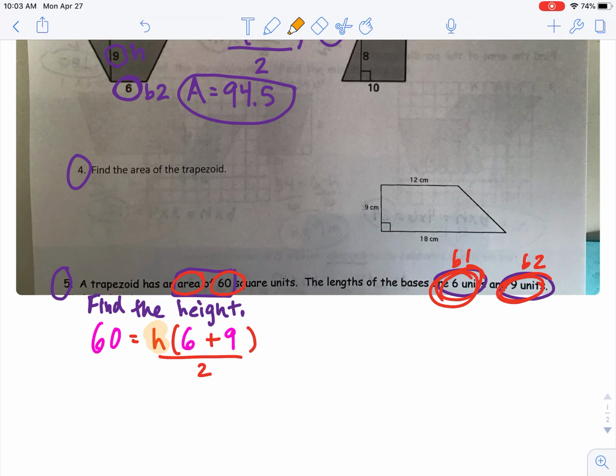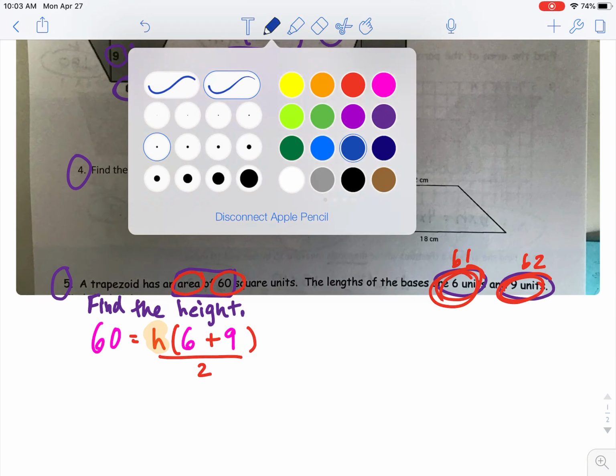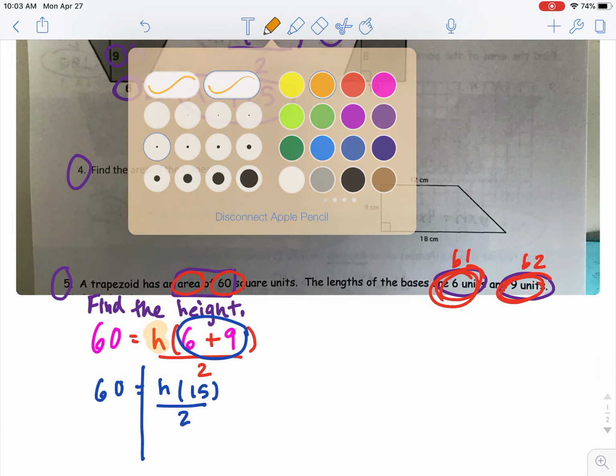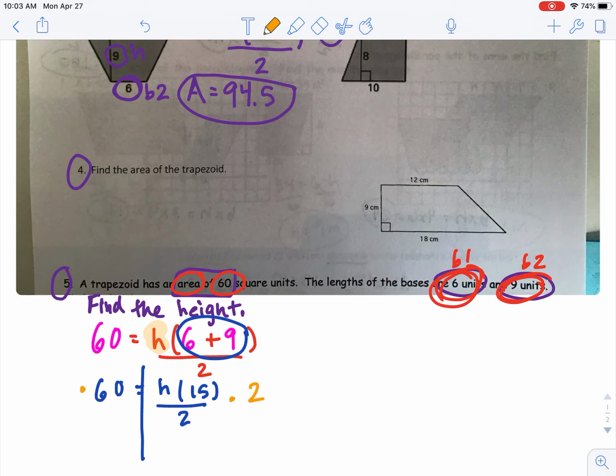And so the way I'm going to work this out is I'm going to first do parentheses, which is 6 plus 9. So I'll have 60 equals h times 15 divided by 2. Now whenever we're dividing one side of an equation, in order to solve that, we can multiply. So I would multiply by 2, multiply by 2.